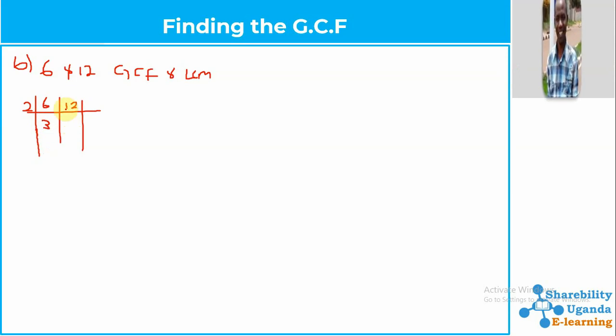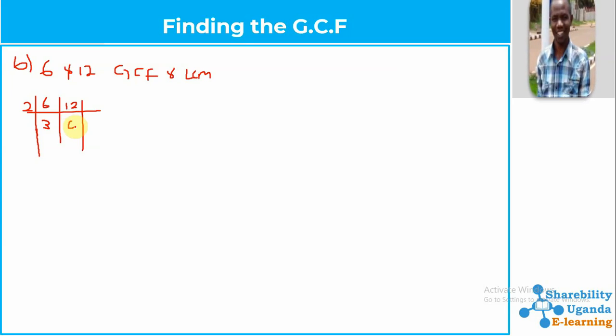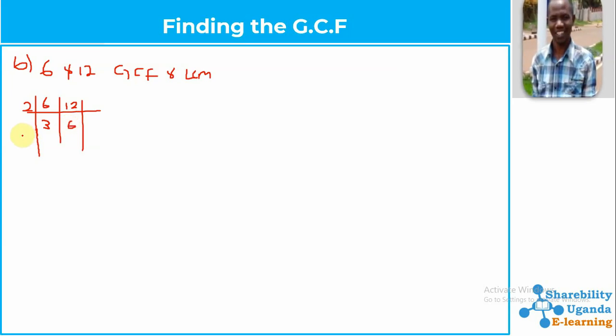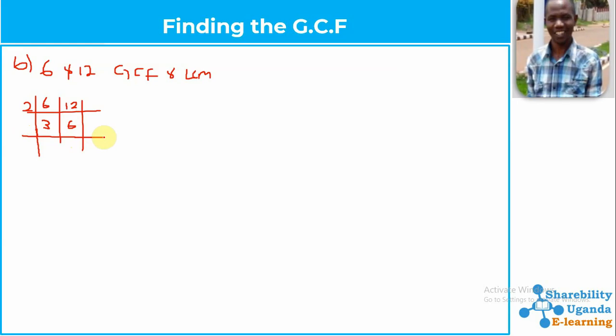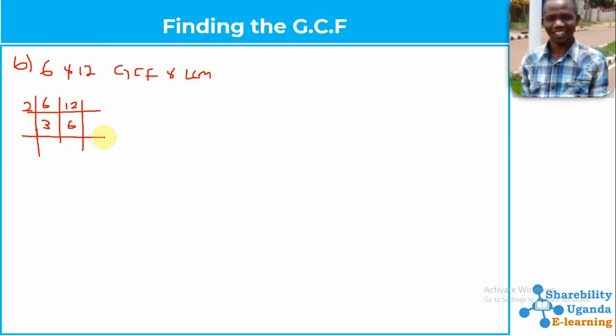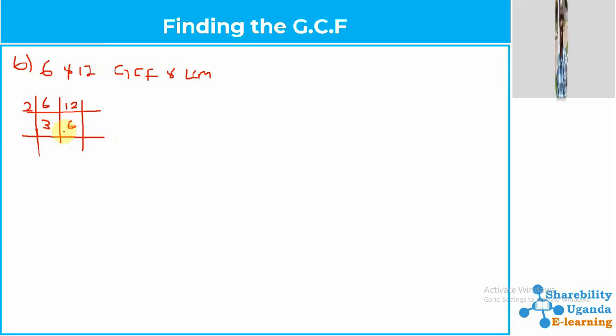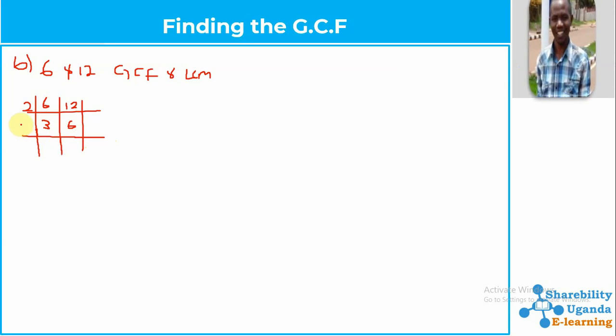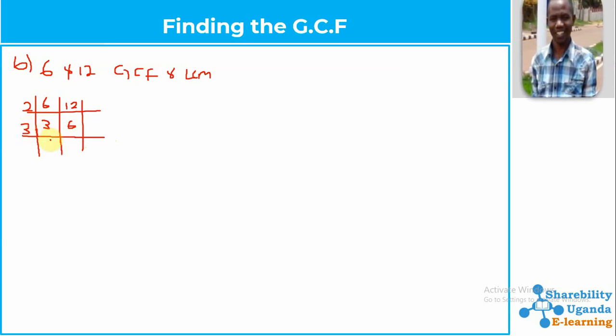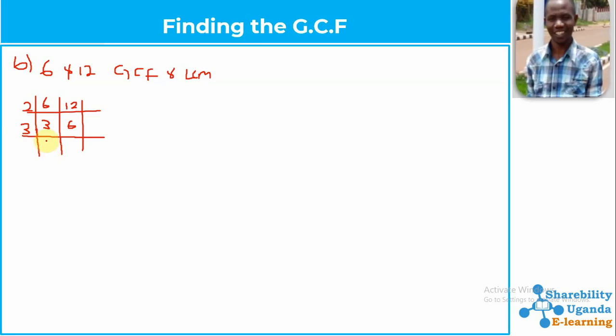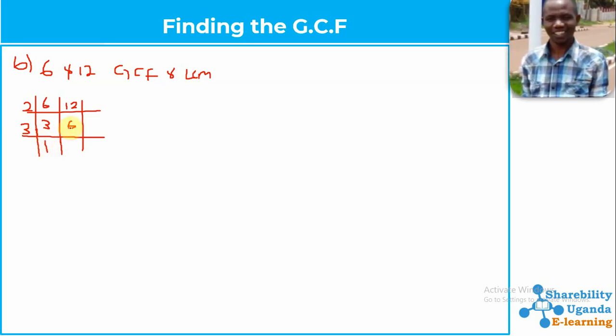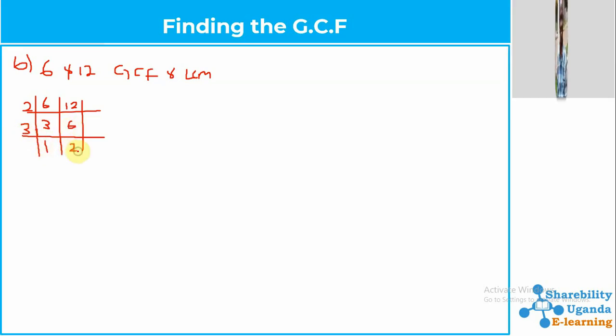Then 12 divided by 2, we get 6. So we have a 3 and a 6. We look out for the number that can divide both numbers here. That number can be a 3, such that when you divide the 3 by 3, we get 1, and when you divide the 6 by 3, we get 2.